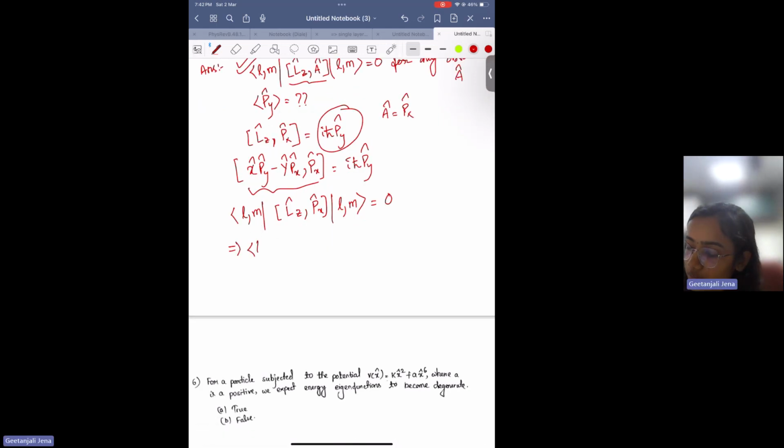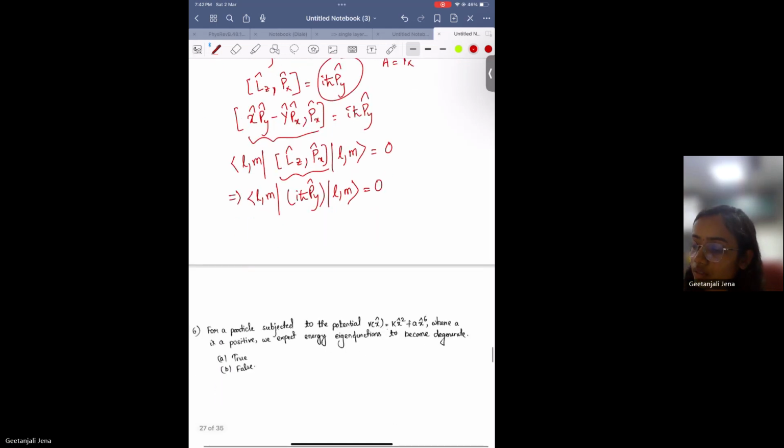So that means i h cut squared Lm with Py is 0.